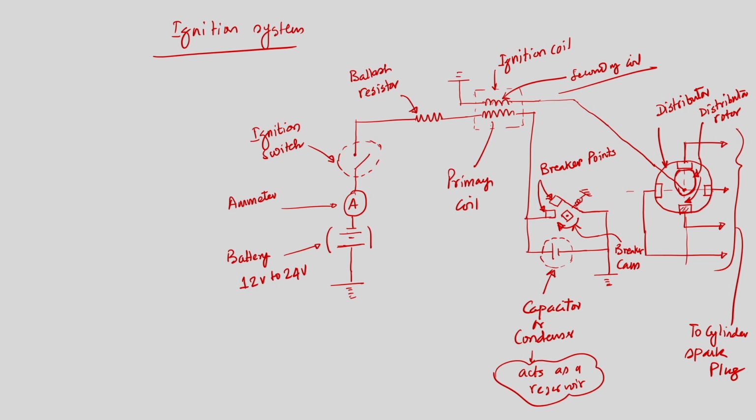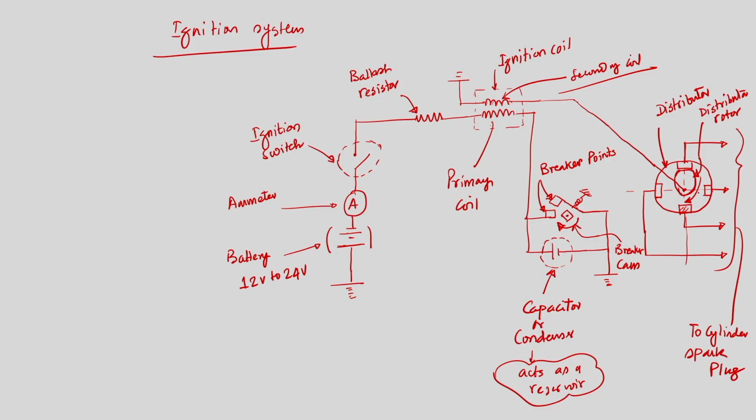when the distributor rotor opens the contact points, the magnetic field in the ignition coil will collapse. Because of the sudden collapsing of the magnetic field, an EMF or voltage will be developed in the primary circuit, a high voltage of the order of 250 volt. This collapsing of the magnetic field also leads to the development of an even higher voltage in the secondary coil, of the order of 10 to 25 kilovolt.